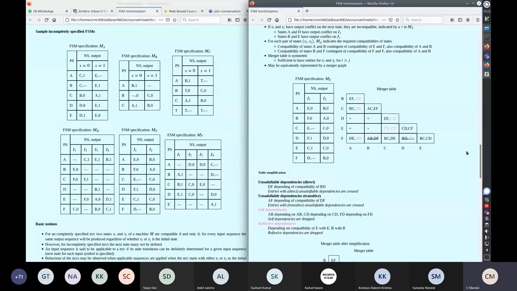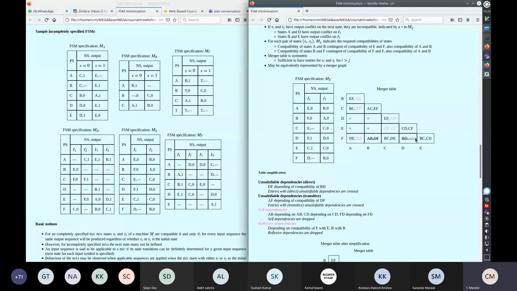Now D and F: for D and F to be compatible, you require B and D to be compatible. But B and D are not compatible, as you can see. So since B and D are not compatible, F and D couldn't possibly be compatible.